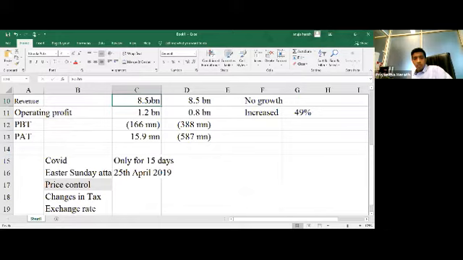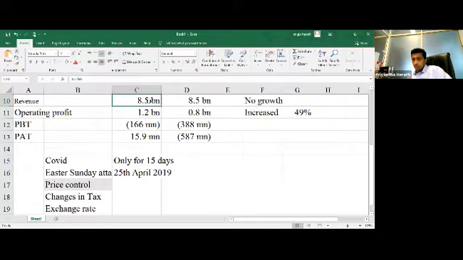So as a reader of the financial statements, you need to understand the relationship between different variables. Normally revenue and operating profits have a positive relationship, but in this case, this is not an impossible scenario, but it is a red flag for the readers. You have to put a question mark on how they achieved this.